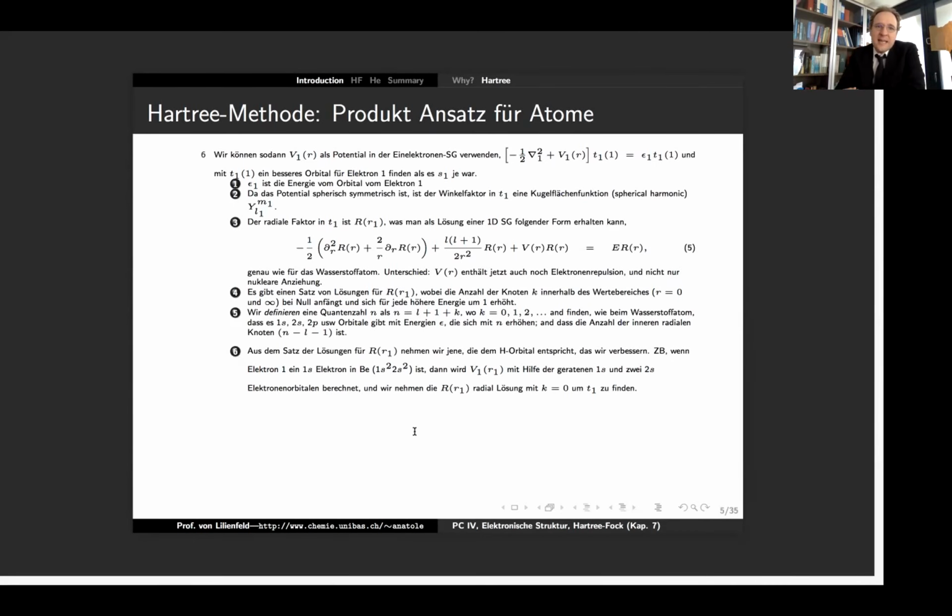As a next step, we use this V1. This is our potential now for our electron. We use this in a one-particle Schrodinger equation. Note that this potential contains the electron density from the other electrons. So it's sort of nested.